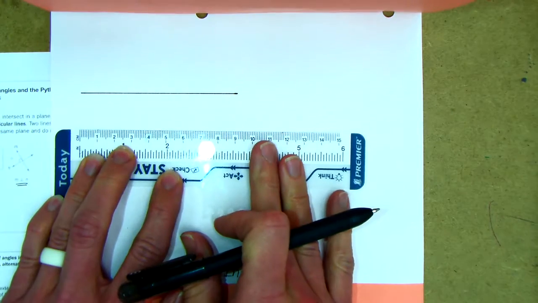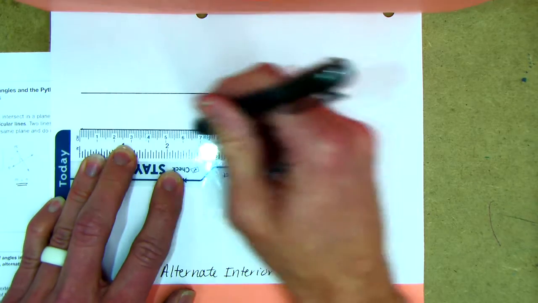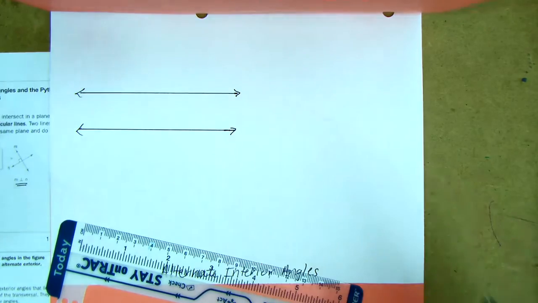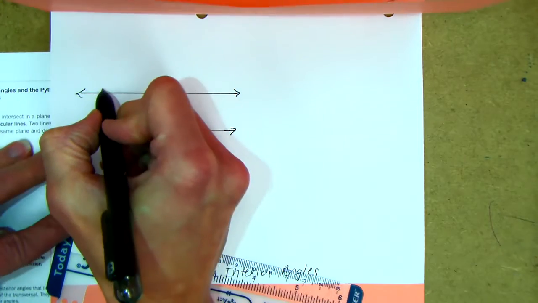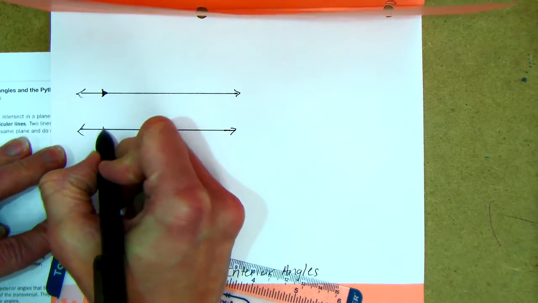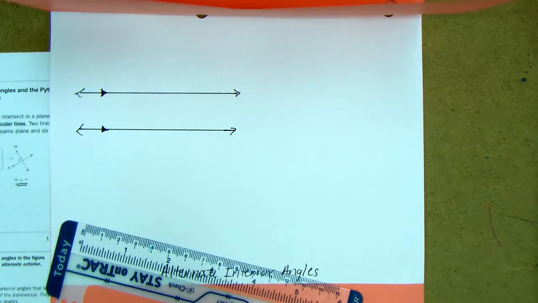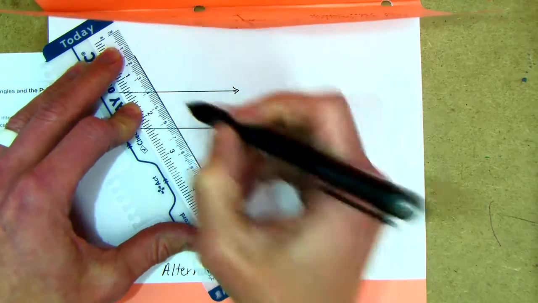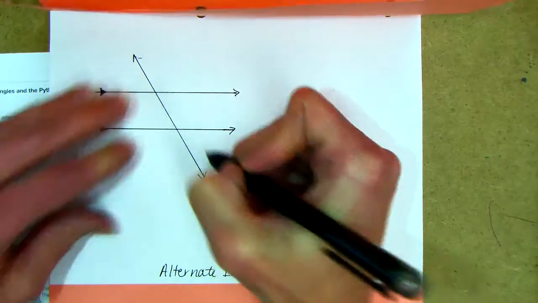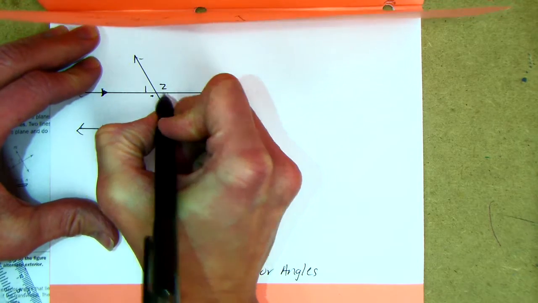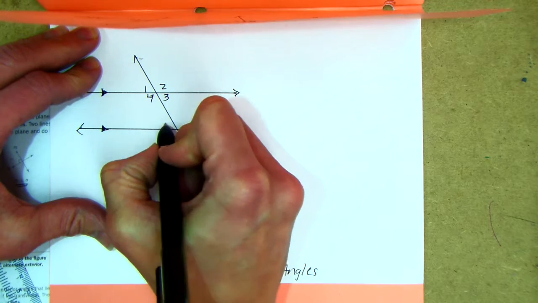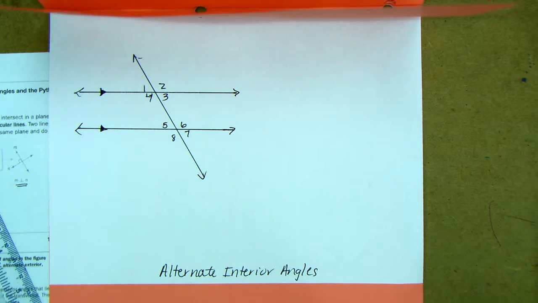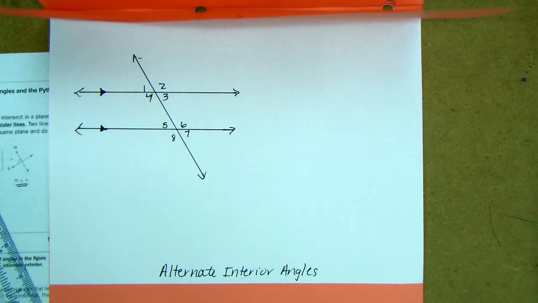So there's one line, and here's one pretty close to parallel. Because I just hand drew them, I can't guarantee that they're parallel. So the best way to note that is by drawing these little triangles on there. When you see those on there, you can assume that they are indeed parallel. I'm going to draw a transversal, and I'm going to label my 8 angles again: 1, 2, 3, 4, 5, 6, 7, 8. It doesn't matter what I label and what you label, as long as you understand which ones are which.